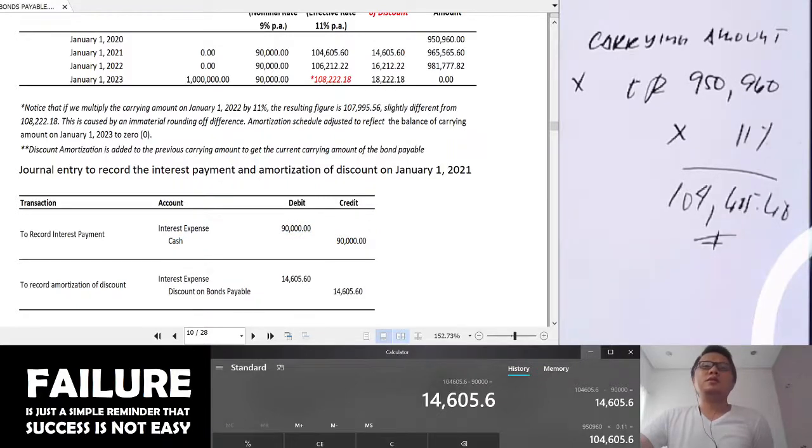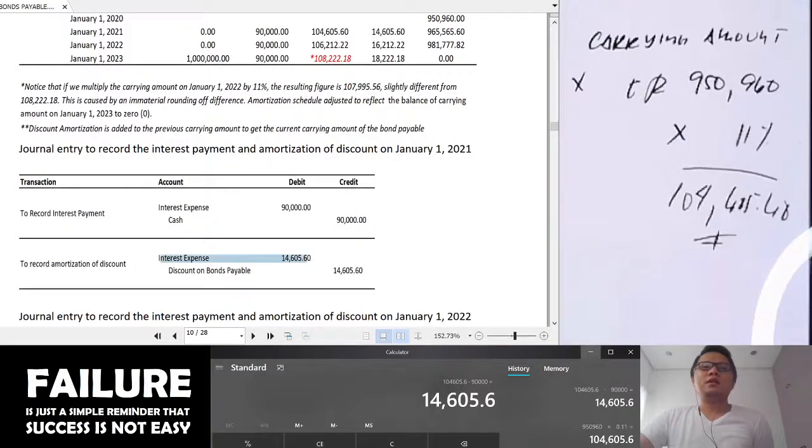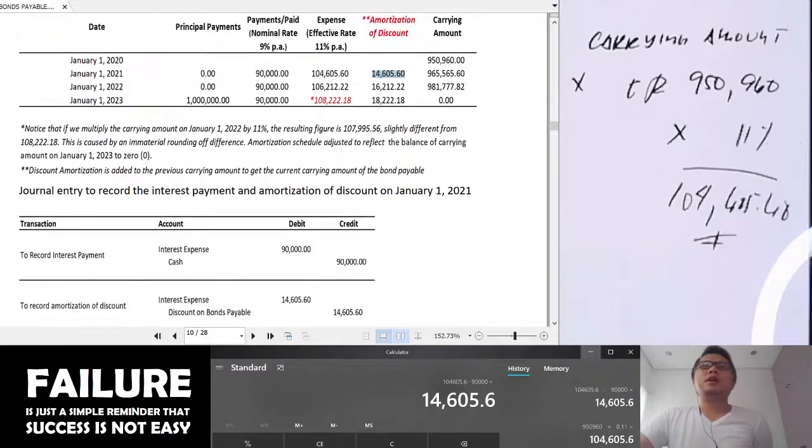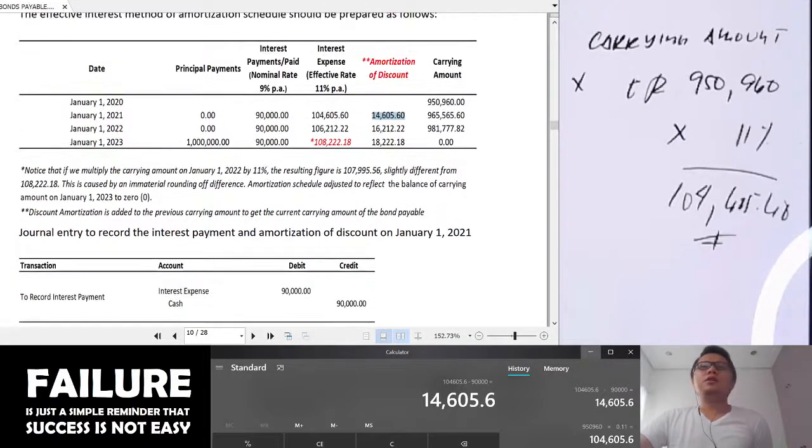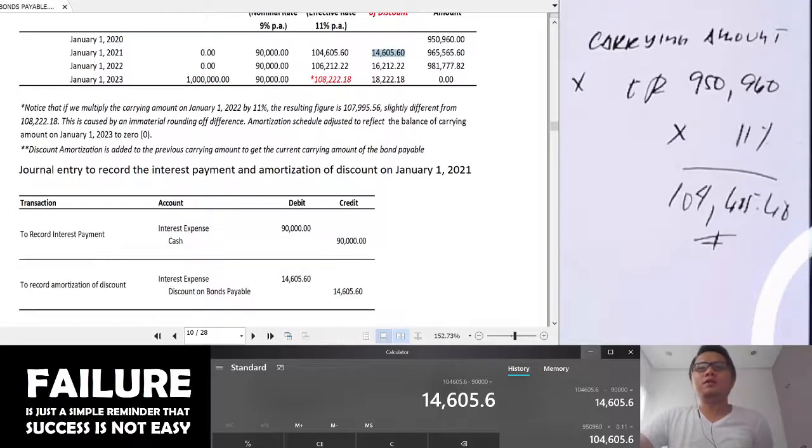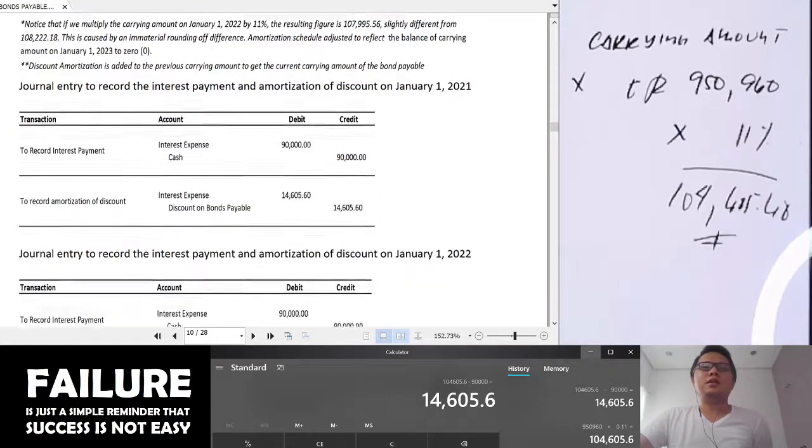For the amortization of discount, again, because discount, debit interest expense, credit discount on bonds payable, which is yung amortization natin per schedule, which is on January 1, 2021, itong 14,605.6. Di ba? Madali na lang.